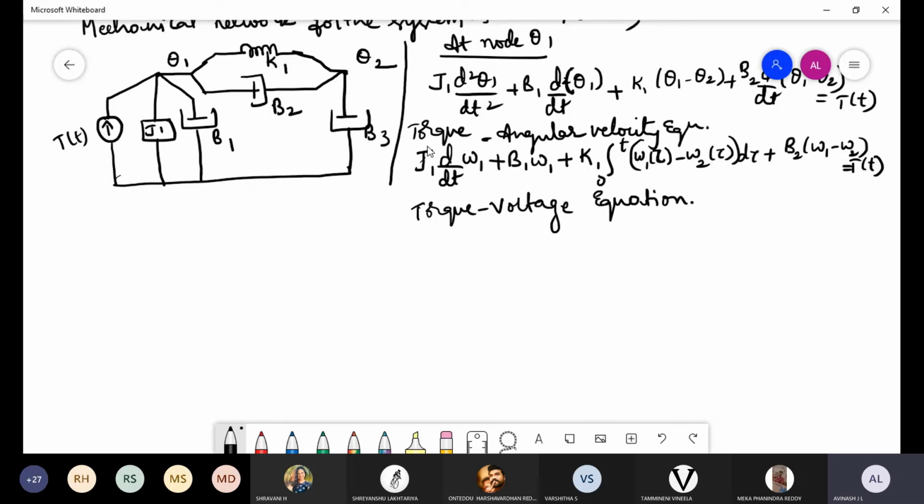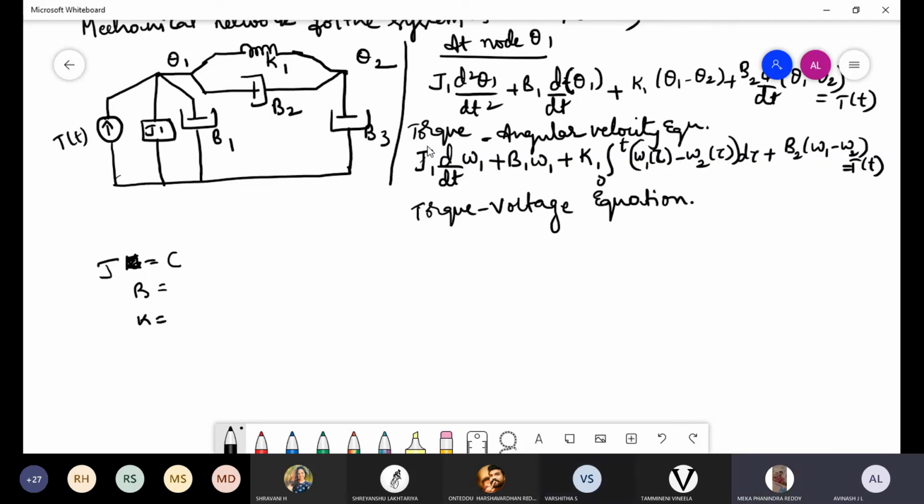So when you're talking about the torque voltage equation, can anyone of you tell me what M is equivalent to, B is equivalent to, K is equivalent to? What is J equivalent to? J is equivalent to C?